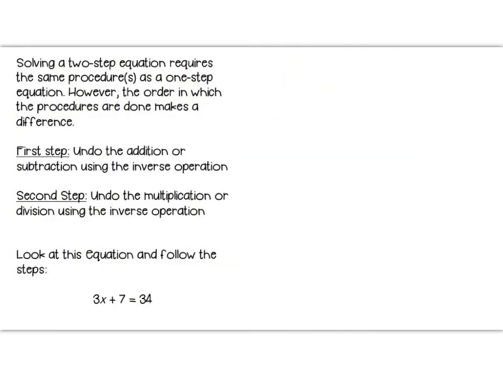So what happens if instead of it just being a nice and simple equation, we have something that looks like this? It has both multiplication and addition, or division and subtraction. It has two different operations in it. So in order to solve this, we need to follow two steps.